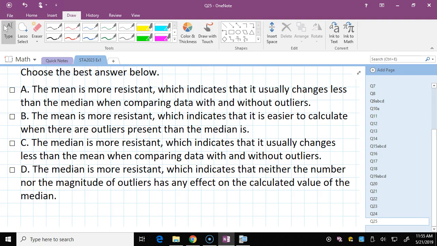Which one is it? Now, I originally went with D, but D is actually not the right one. C is the better of the two answers. So, I know, right? Challenge flag thrown out on the field. Neither the number or the magnitude of the outliers is the key in that one.